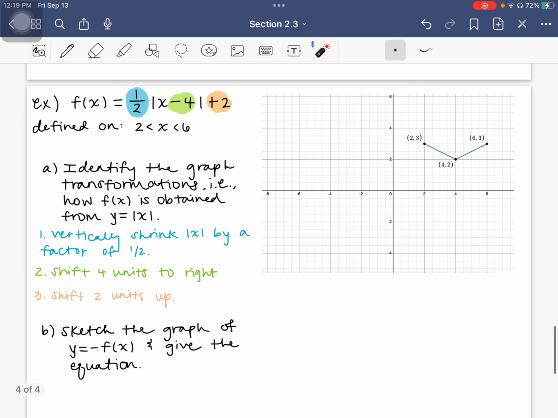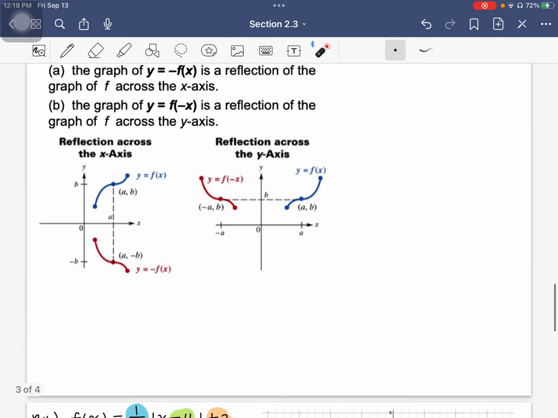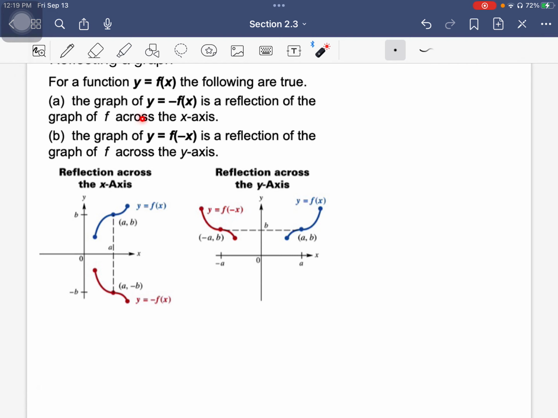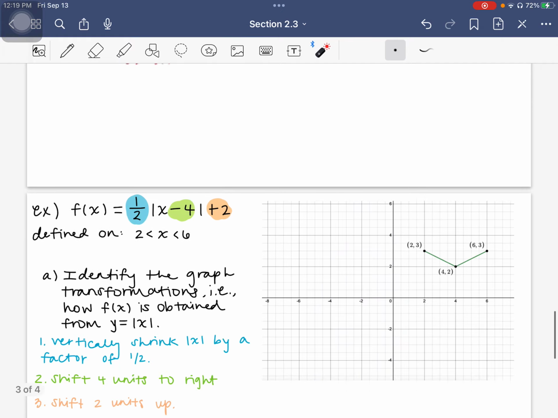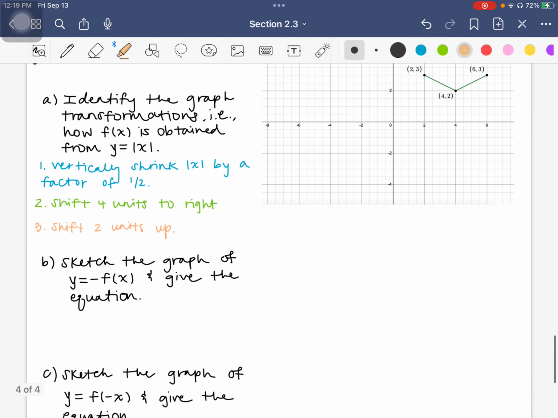All right. The next thing we want to do is sketch the graph of y is equal to minus f of x. And if you remember, if we're looking at minus f of x, that means we're going to have a reflection across the x-axis. So let's do some more color coding. We're going to reflect across the x-axis.